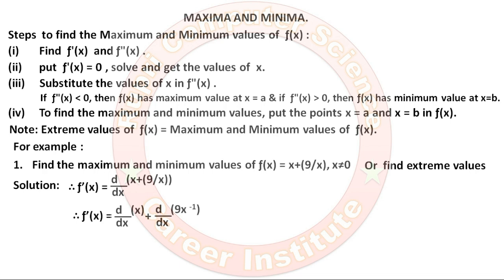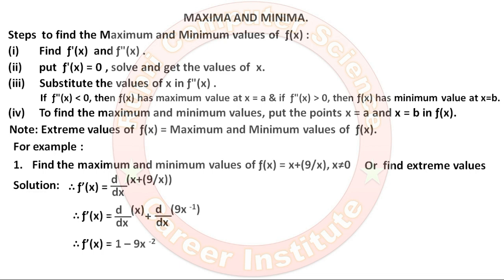Now next step we write the derivative. Therefore f'(x) is equal to derivative of x is 1, and derivative of 9 x raised to minus 1 gives minus 9 x raised to minus 2, right?